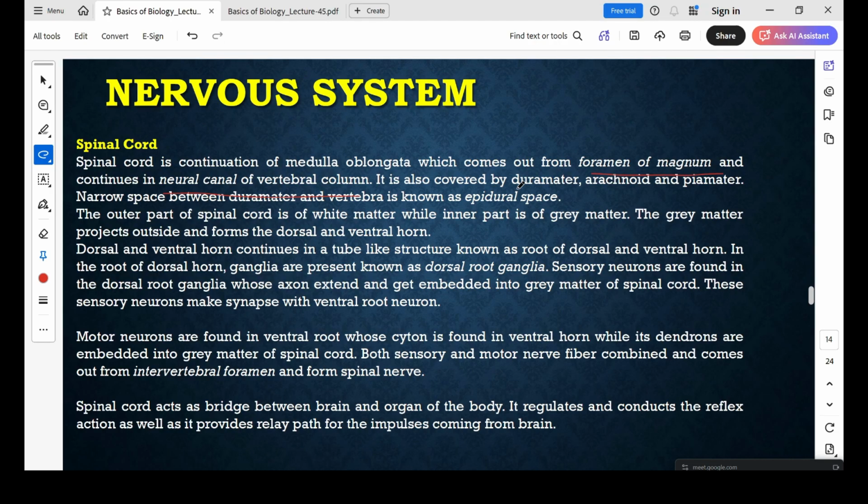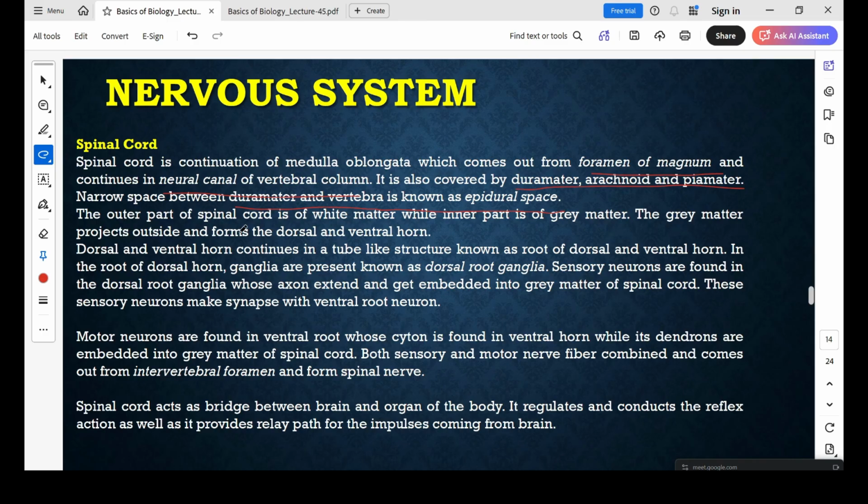It is also covered by dura mater, arachnoid, and pia mater, but the thicknesses of all of these layers in the spinal cord and the brain is different. Narrow space between dura mater and vertebra is known as epidural space.